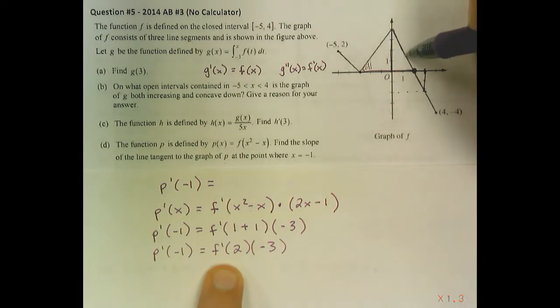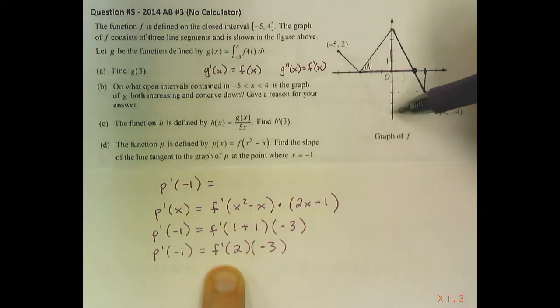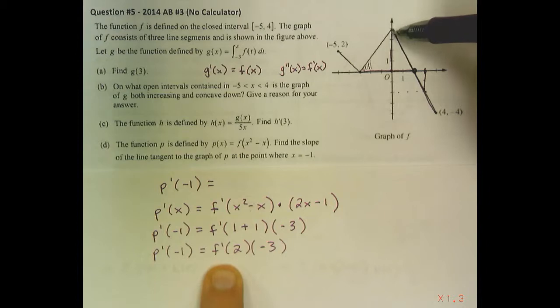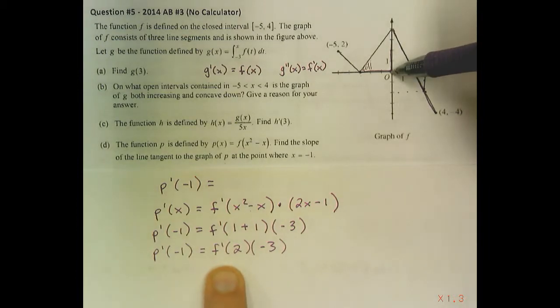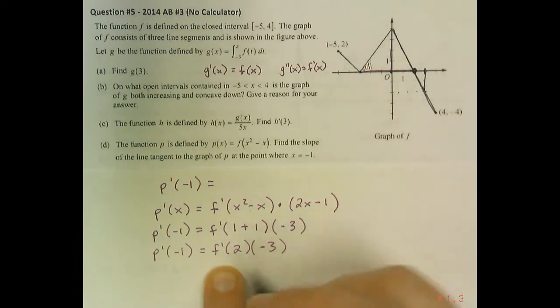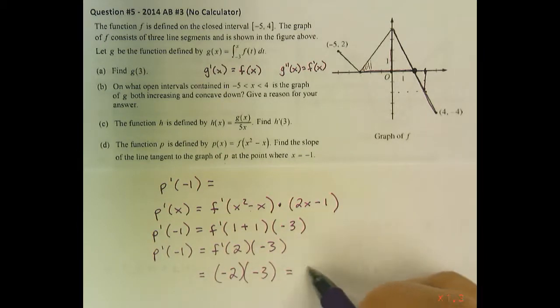So we're looking for the slope of the graph here. And it looks like we drop down 4 units, by 2 units. Down 4, right 2. So that's a slope of negative 2. Negative 2 times negative 3 is a value of 6.